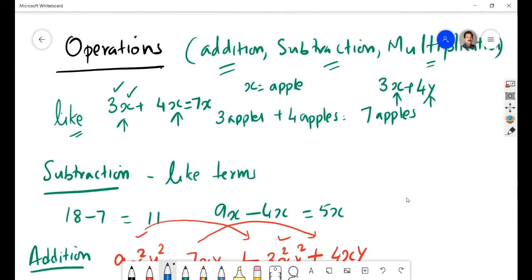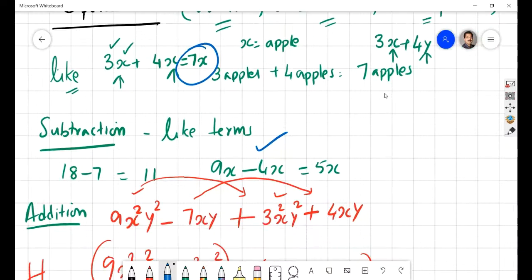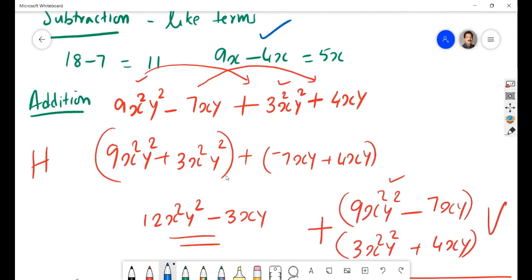I showed you subtraction and addition. 3x plus 4x is equal to 7x with the help of apples. It was a simple addition. When it was 9x minus 4x, it was a simple subtraction. But with the binomial addition we found that you can simply open the bracket and add. In horizontal arrangement it can be done, bring the like terms together. That is the principle there.